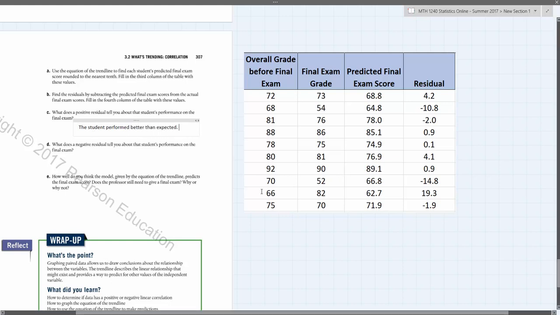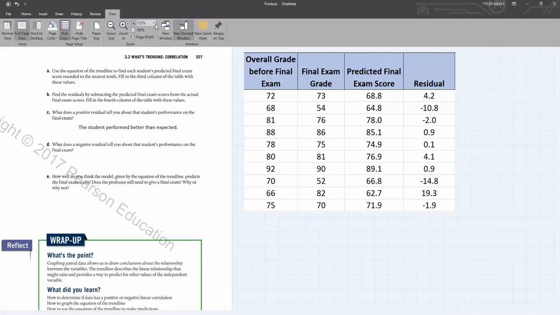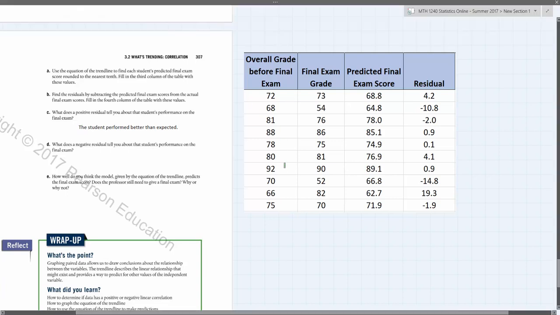For example, if we look at this student here, this 66 is their grade before taking the final exam. Using our model, we predicted that they would get a 62.7 on the final exam, but actually they got an 82%. So this positive residual means that the student did better than expected. They got a much higher grade on the final than we expected based on their grade before the final.